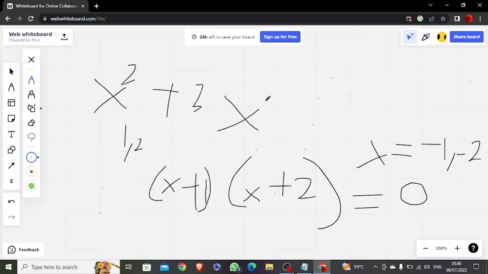Well, that's basically all you have to do. So technically, if you're skilled enough, you should be able to look at a quadratic and see the solution. That is, of course, in simpler quadratics. And that makes up most of our video.